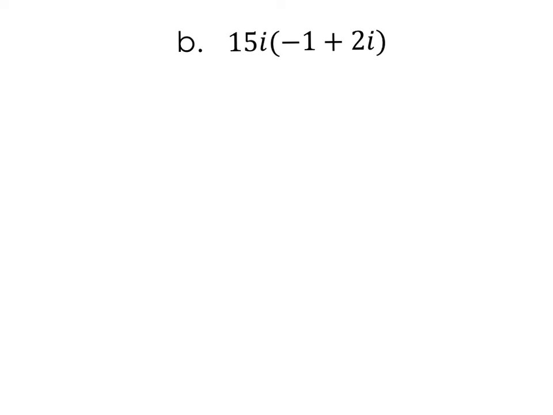Example B, I'm going to distribute. And so I have 15i times -1. So that's going to make it a -15i. And I'm doing 15i times 2i. So 15 times 2 is 30. So positive 30.